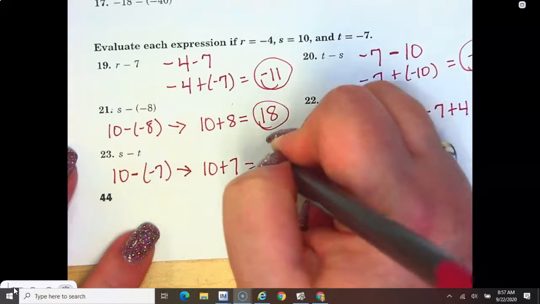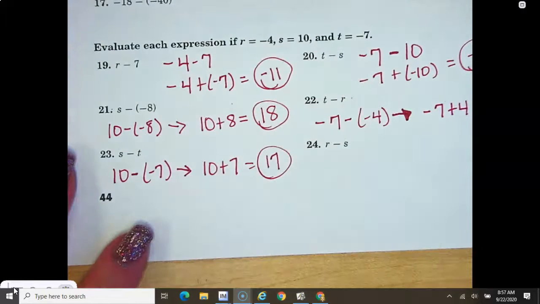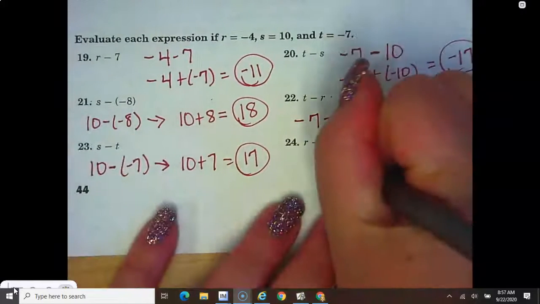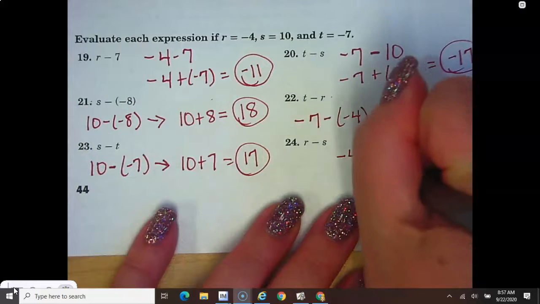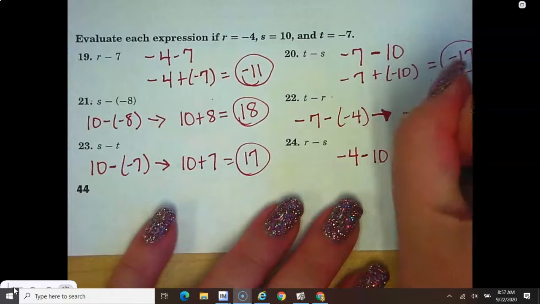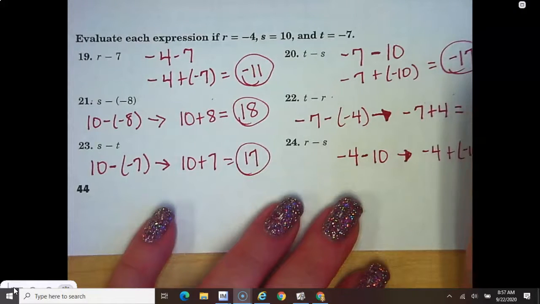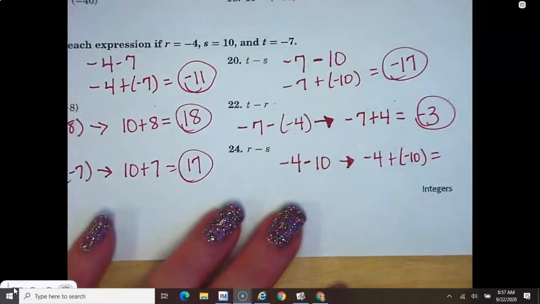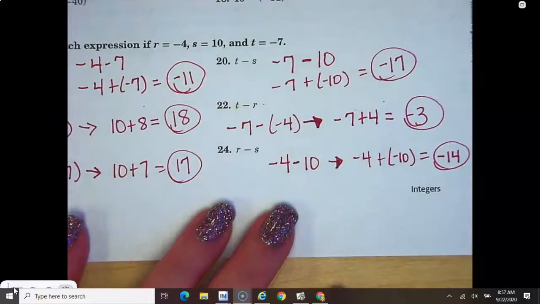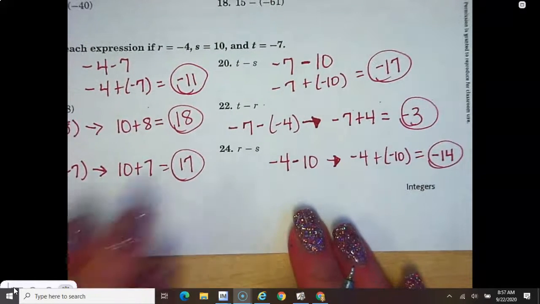And your answer is 17. r minus s. r is negative 4 minus 10. That becomes negative 4 plus negative 10. And your answer is negative 14. Oh, those were so much fun. Right? Those were amazing.